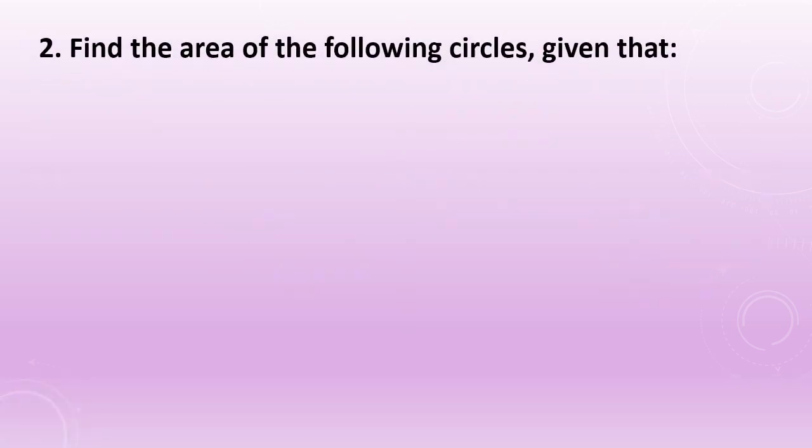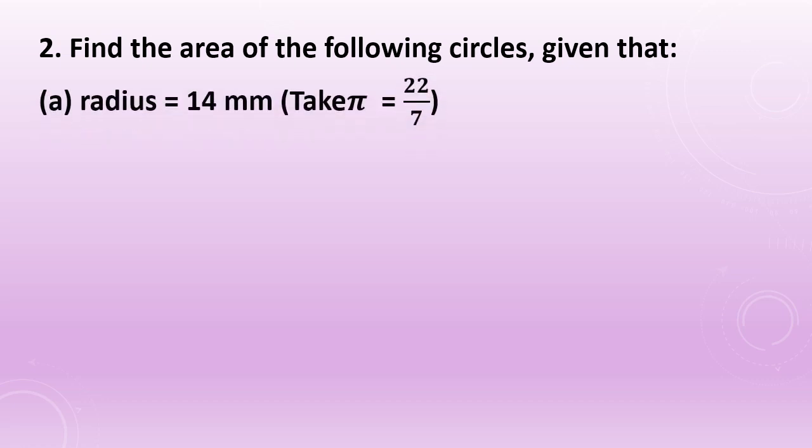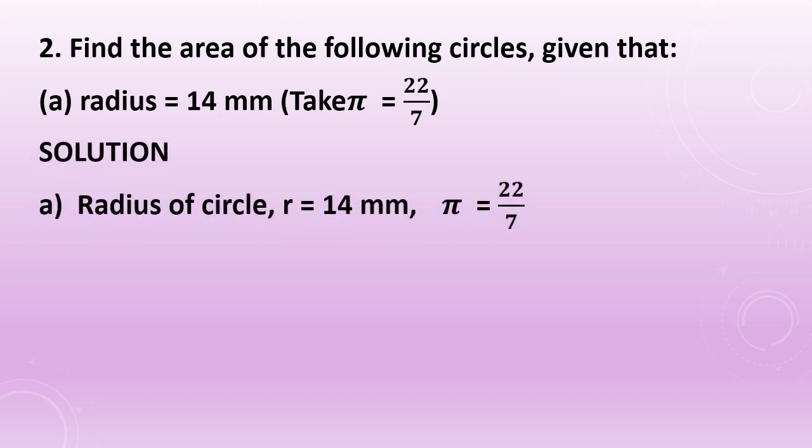Now question 2, find the area of the following circles. Given that radius equals 14 mm, taking pi as 22 upon 7. Area of a circle equals pi r square.